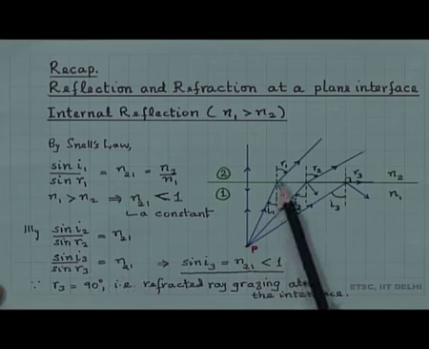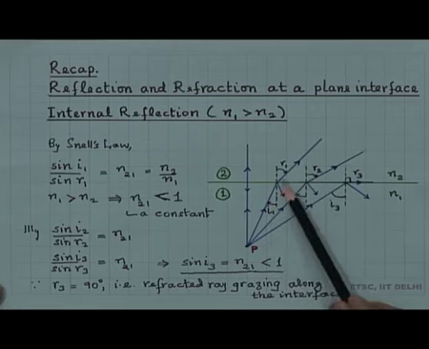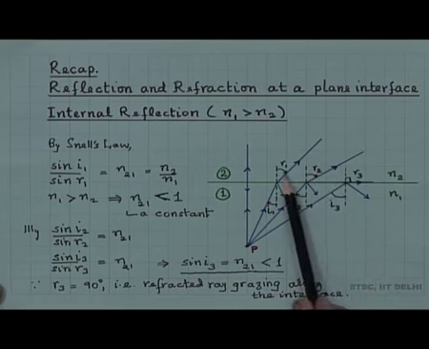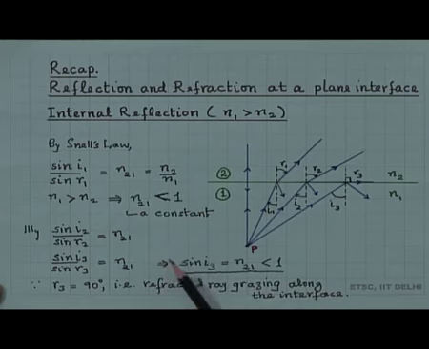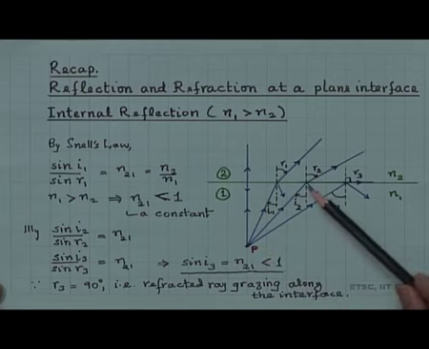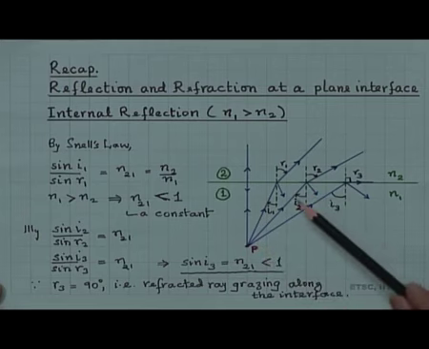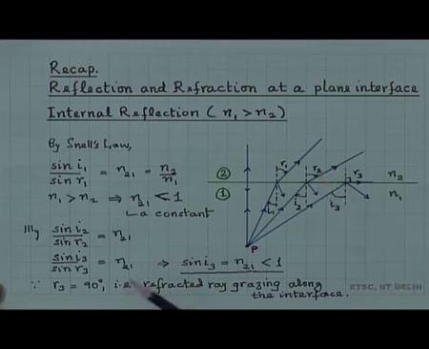A ray which is making an incident angle I1 here, when it goes from denser medium to rarer medium, bends away from the normal and we can see that R1 is greater than I1. This comes out from Snell's law. If I increase the angle further, that is if I consider a ray which is incident at a larger angle, R2 increases.